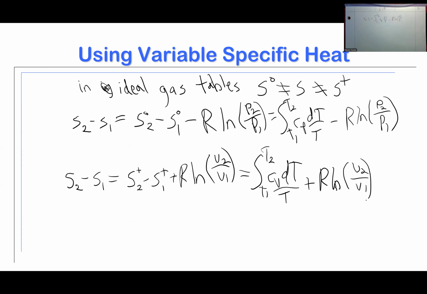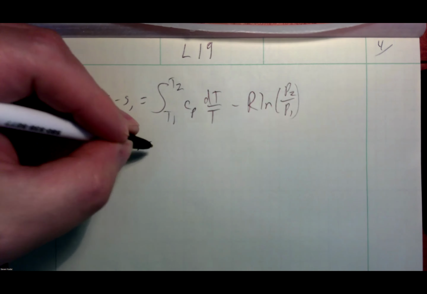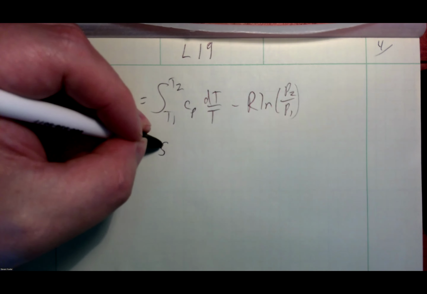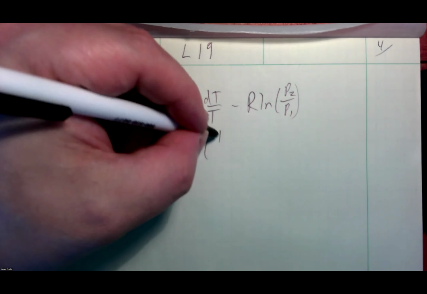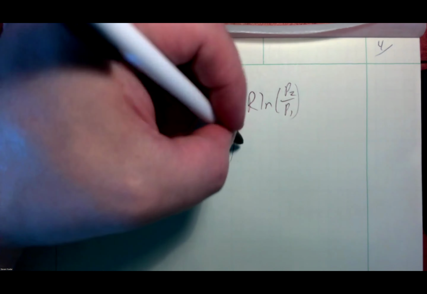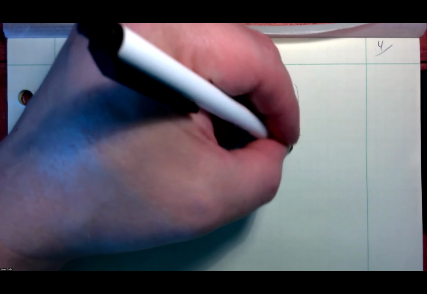So variable specific heat basically says, instead of assuming the specific heat is constant and pulling it out of the integral, if I assume constant specific heat, I'm making an approximation where I say this is C sub P at the average temperature times the natural log of T2 over T1, minus R ln P2 over P1.